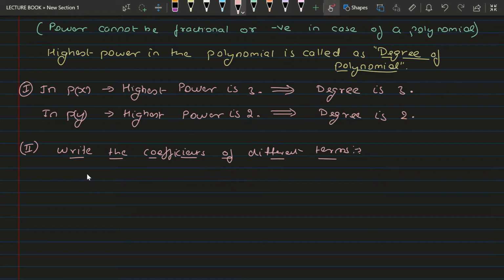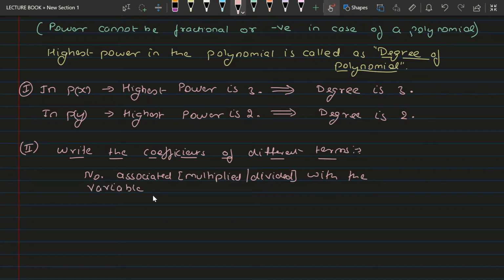Coefficient is nothing but the number associated, that is multiplied or divided with the variable, is a coefficient.